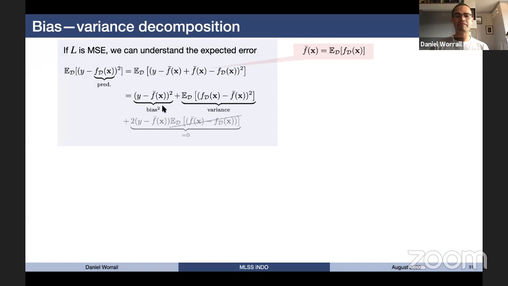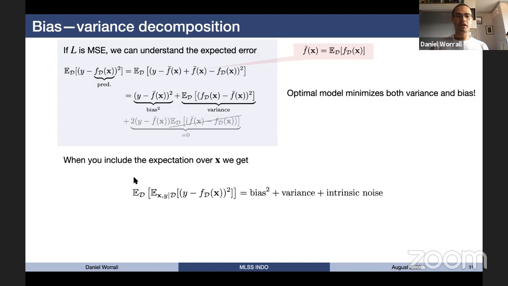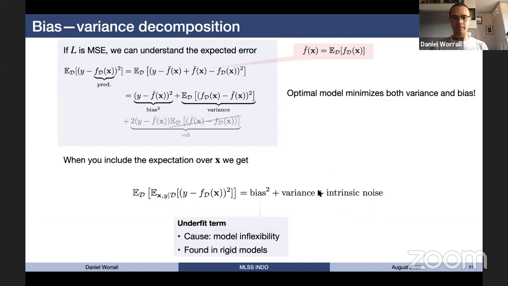This term says, how stiff or how unable is my model to fit the data? And the optimal model will minimize both of these terms. This is done for a single y and a single x, so we can take another expectation, and it just turns out to give you an extra term, which is an intrinsic noise term.